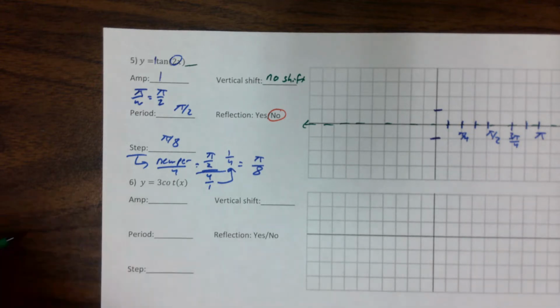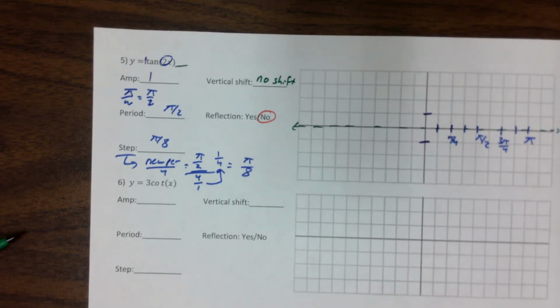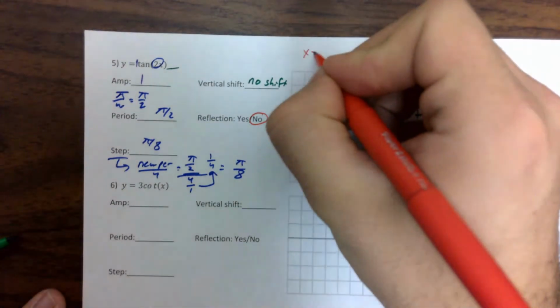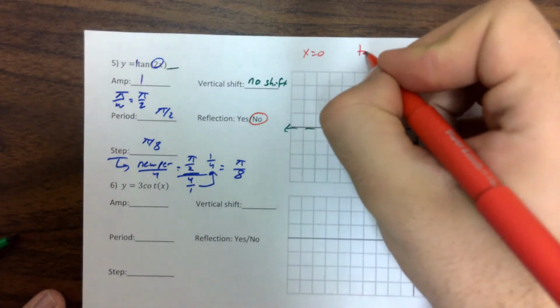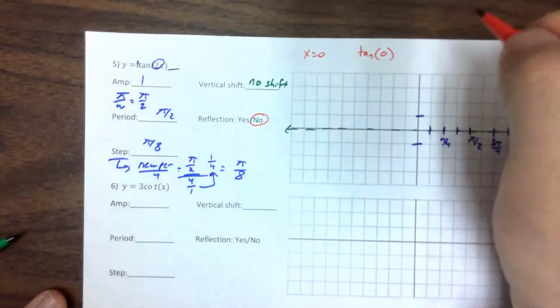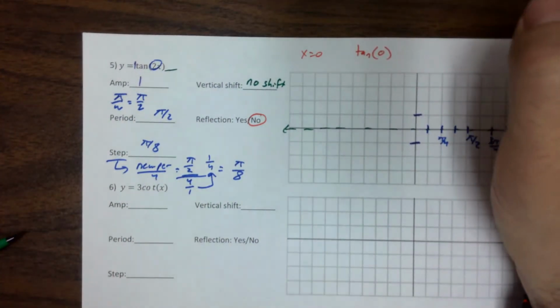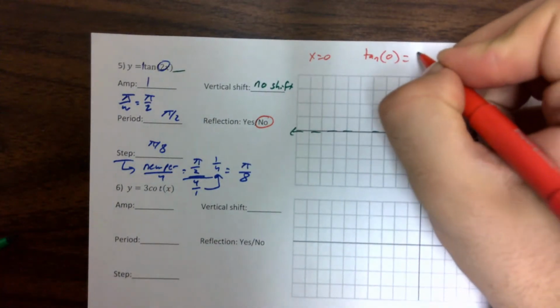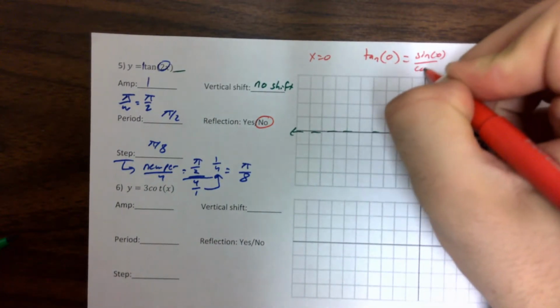Now I'm going to graph this function. Tangent's the only one that's a little funky. Once you get your first point, you're good from there. So you have to ask yourself about the original point when x is 0: tan of 0, is that undefined or is it at the midline? If you don't remember, tangent is sine of 0 over cosine of 0.